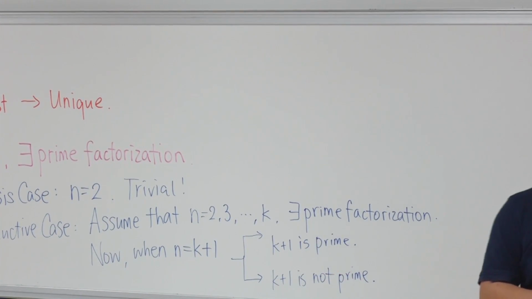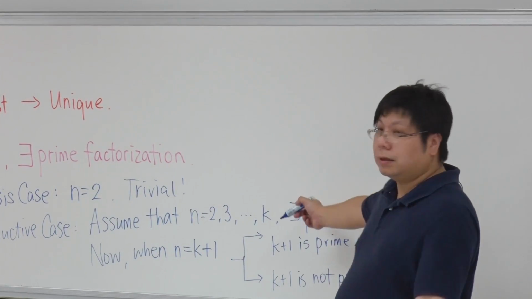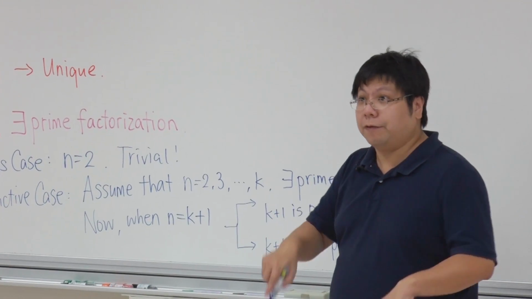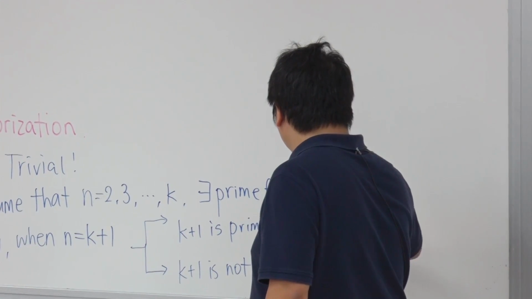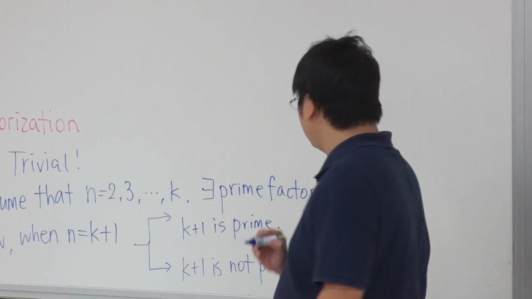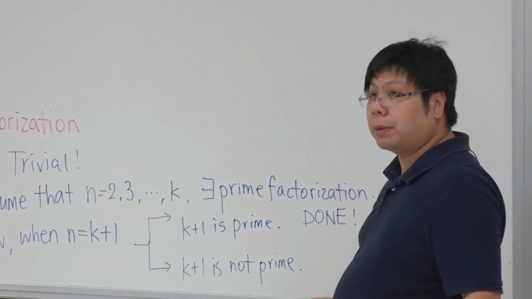Is that okay? Now, if k plus 1 is a prime, then it itself is a prime factorization. So this part is done. Now, if k plus 1 is not a prime, then what does it mean?